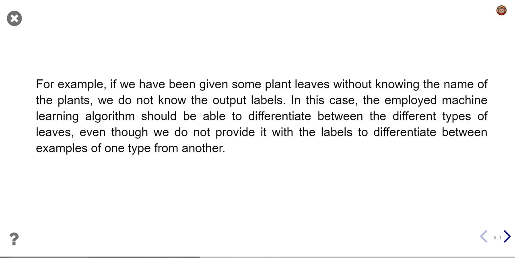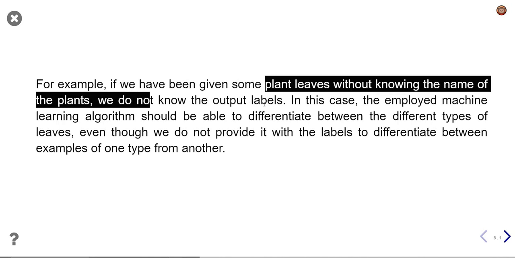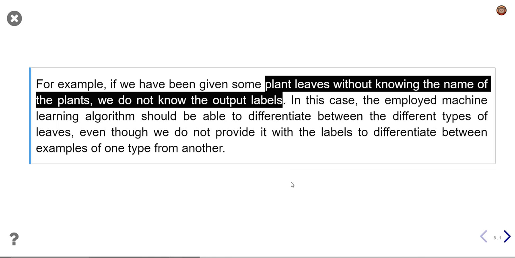So here, this is another example. If you have plant leaves without knowing the names of the plants, we do not know the output labels. So this looks similar to the iris dataset, right? The iris dataset has all these various plants, leaves, length and also width, but it comes with the output label, correct? And you can use the other attributes to predict what species that is.